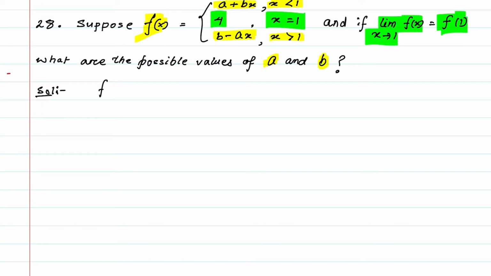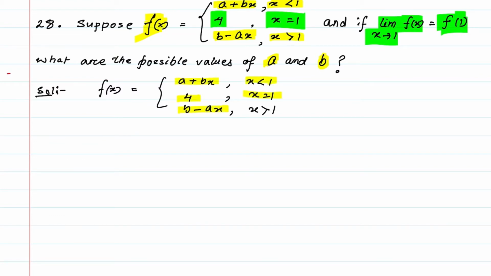So here our function is f of x, which is equal to a plus bx when x is less than 1, it is equal to 4 when x is equal to 1, and it is b minus ax when x is greater than 1. So these three things are given.